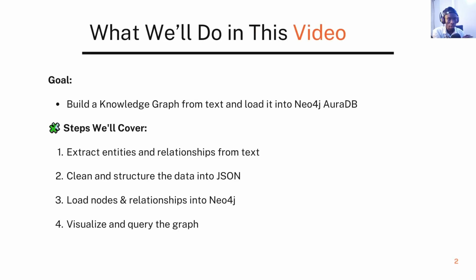Our goal is converting unstructured data, which can be financial text or any type of textual data. When we're talking about financial, it can be something like an earnings report. You're going to convert such data into a structured knowledge graph, and we're going to be using Neo4j as our database.